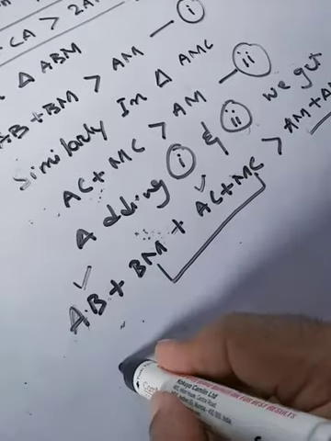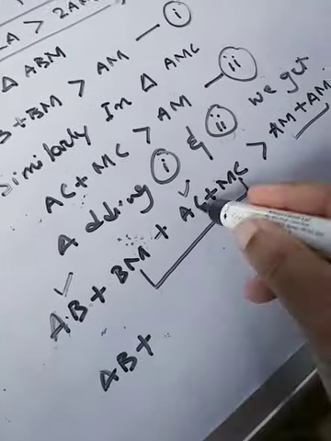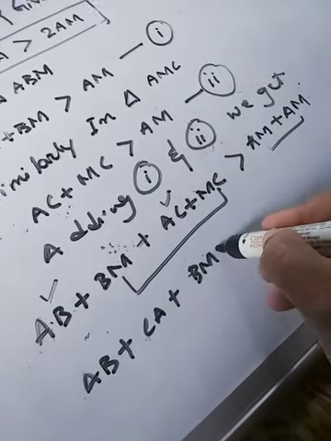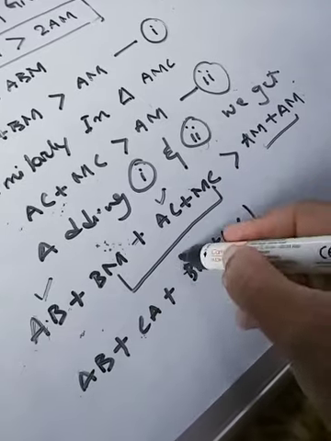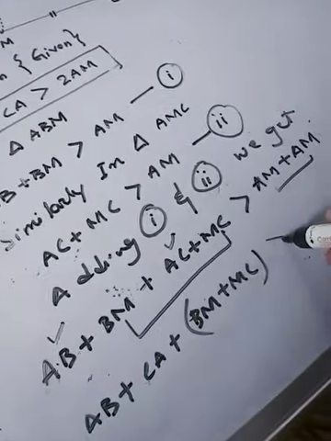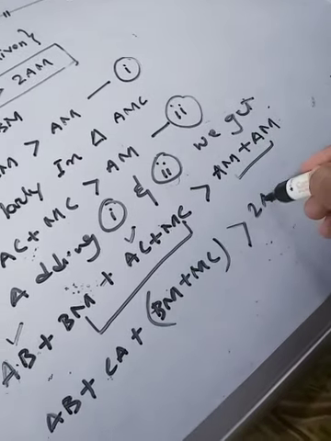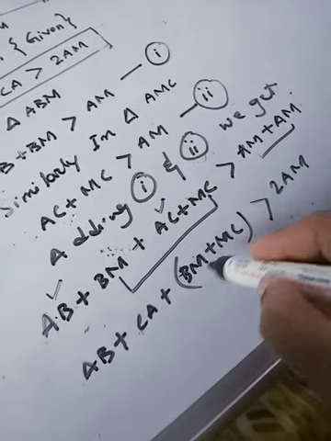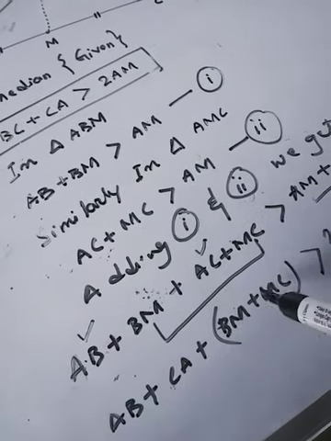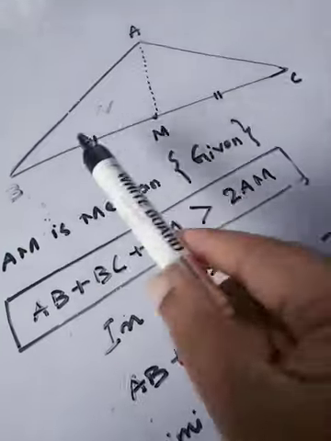So now AB plus CA is there, and we'll bring these two together, that is BM plus MC. We have to bring BC in place of this. AM plus AM is 2AM. Everything is settled. Only this one we have to settle. Is it possible that in place of BM and MC we can write BC? Let's see the figure.